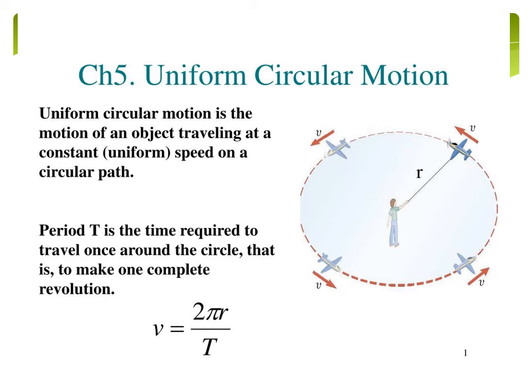Period T is the time that is required to travel once around the circle, that is, to complete one revolution. That is v equal to 2 pi r by T. You understood? Right.